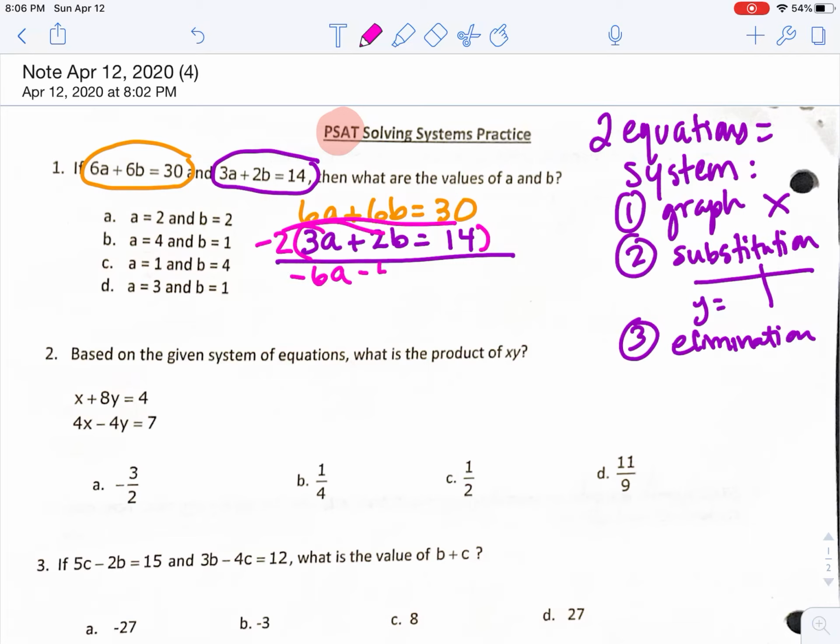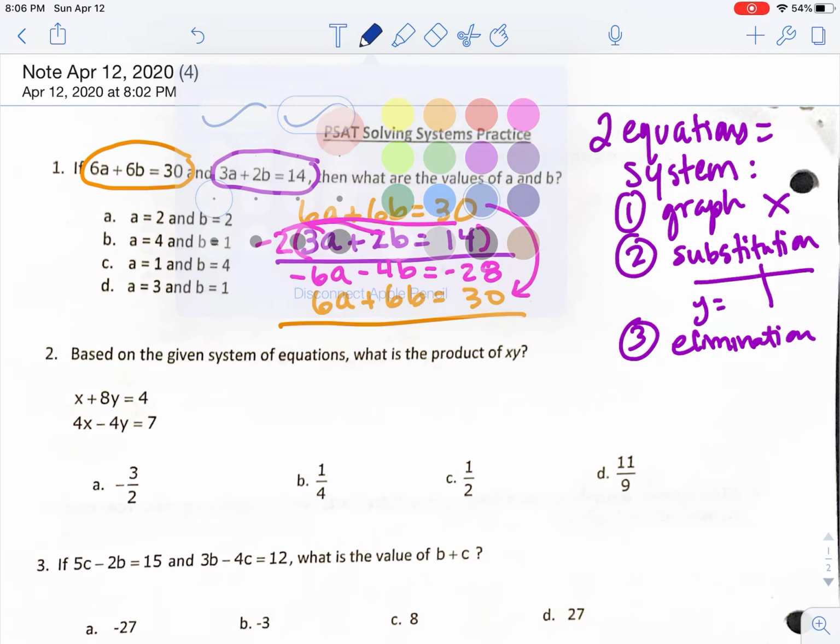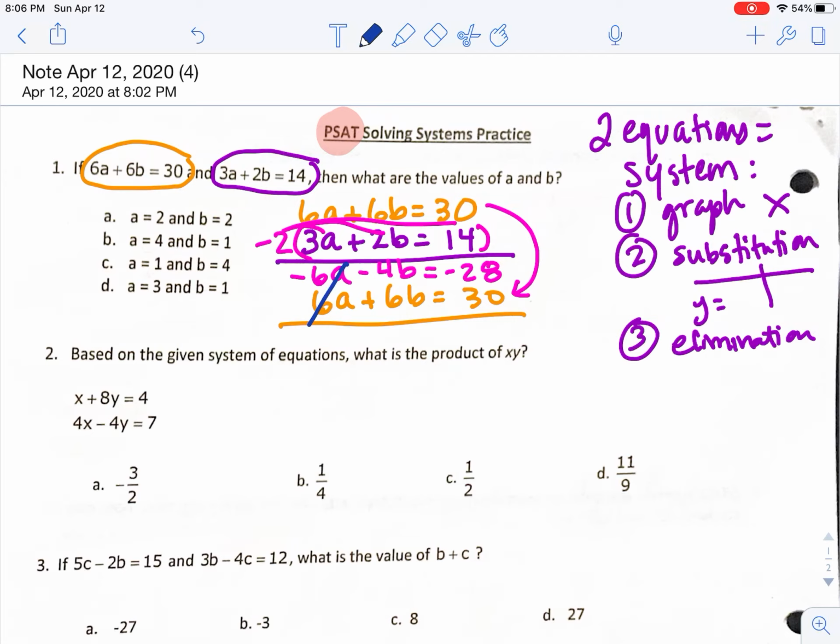We'll get -6a minus 4b. -2 times 14 is -28. I'm going to rewrite this orange equation and bring it back down. 6a plus 6b equals 30. And now, ta-da! The a's eliminate. -4b plus 6b is 2b. -28 plus 30 is 2. When I divide by 2, I get b equals 1.